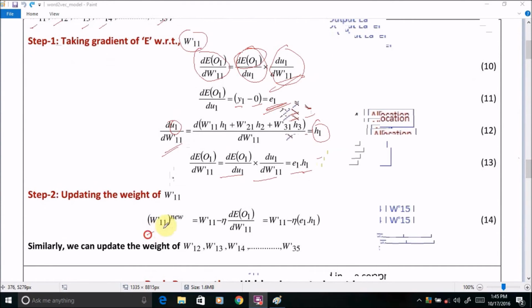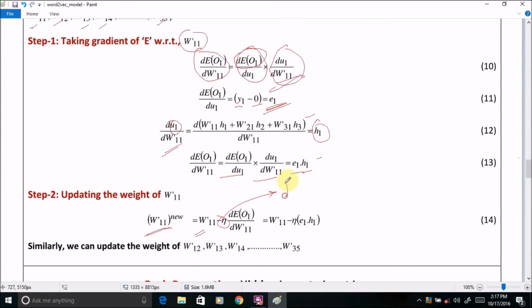So the new weight of W'11 is equivalent to the old weight of W'11 minus eta. Eta is known as the learning rate.